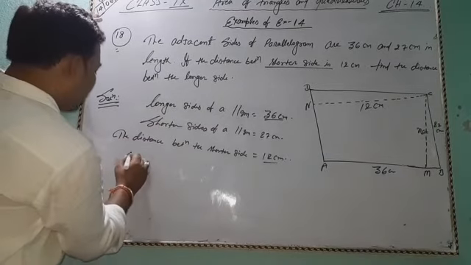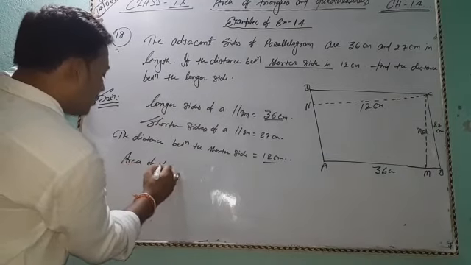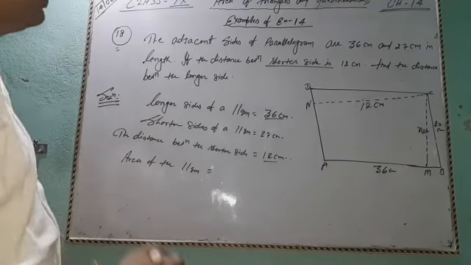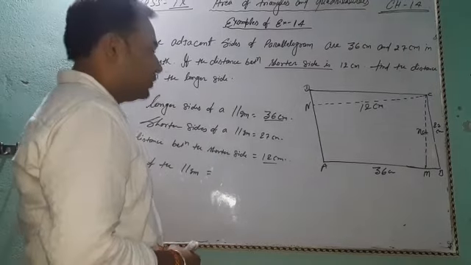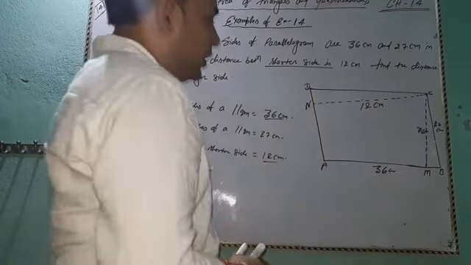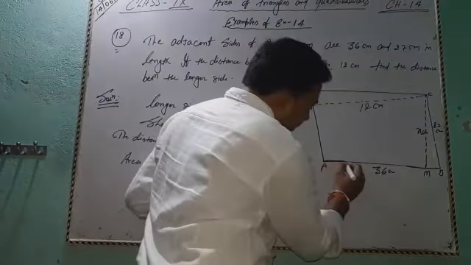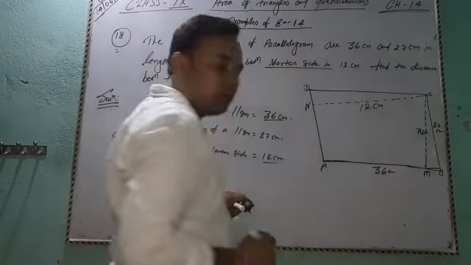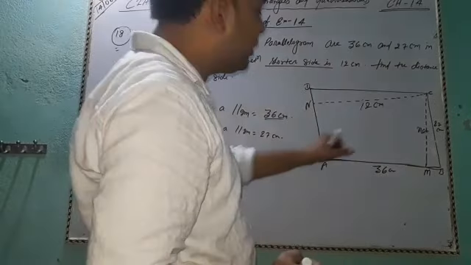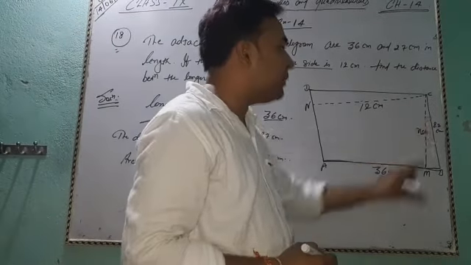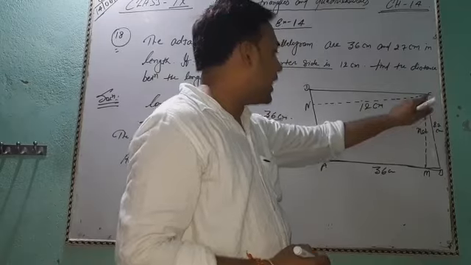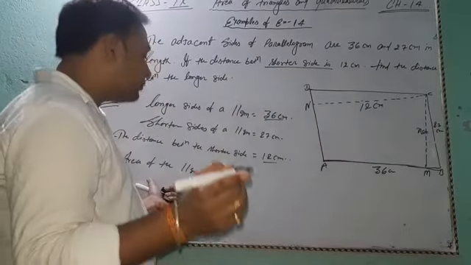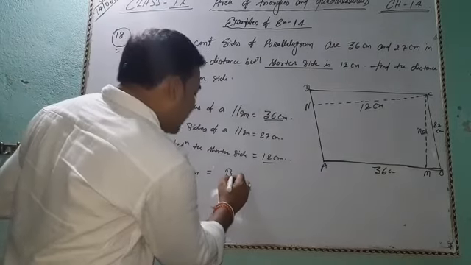Okay, so area of the parallelogram equal to, if base is AB, then the height is CM. Okay, and if base is the shorter side BC and height is CN. Okay, so area of the parallelogram equal to base multiply height.